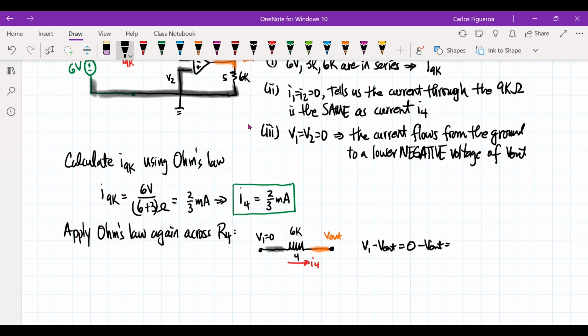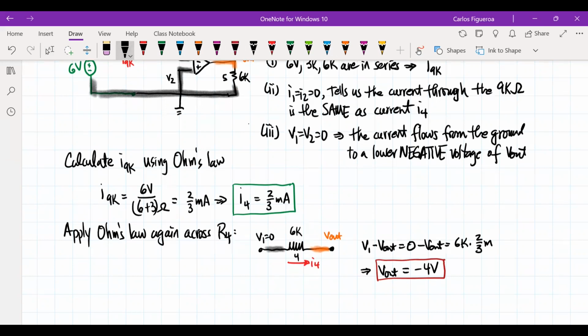And remember that current is 2/3, so it has to be the 6K times the 2/3 milliamps. And you can see here that that has to be 4 volts. So then this tells me that Vout must be minus 4 volts. Exactly as expected, it should be negative.